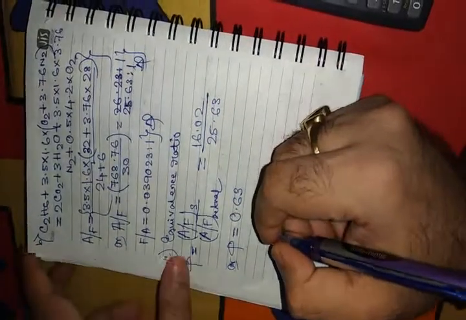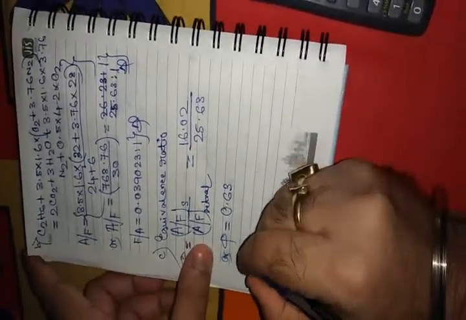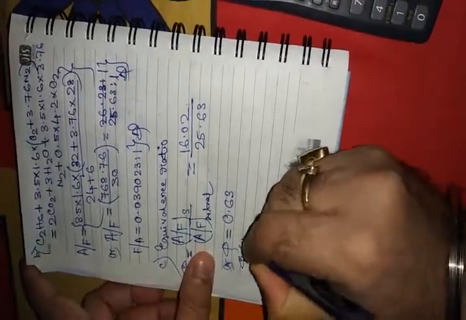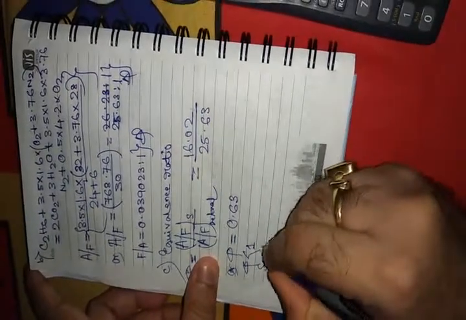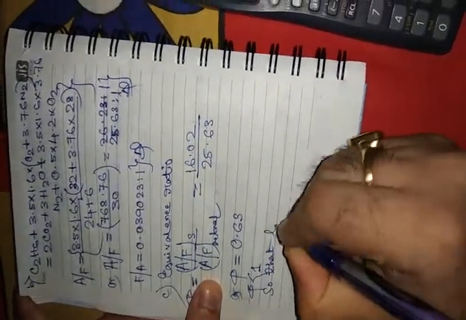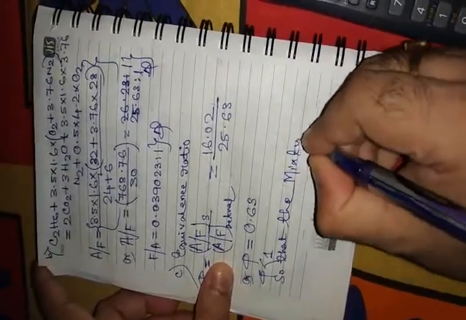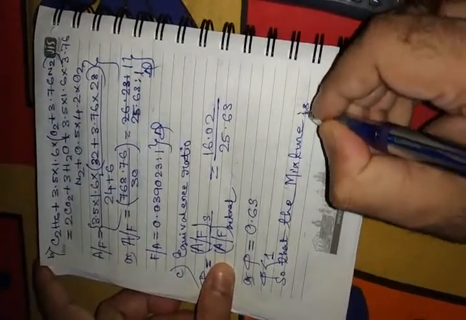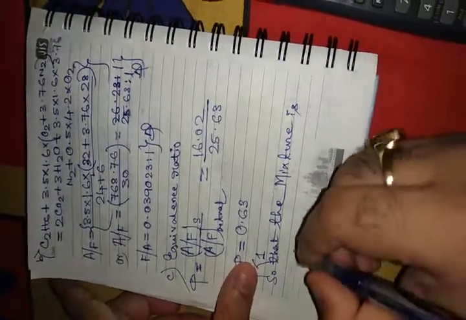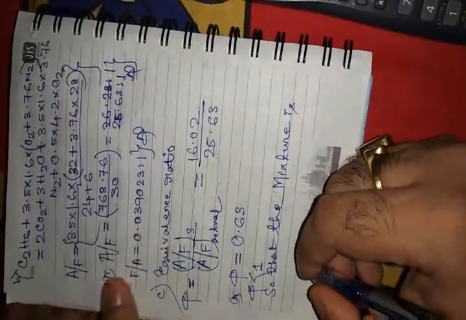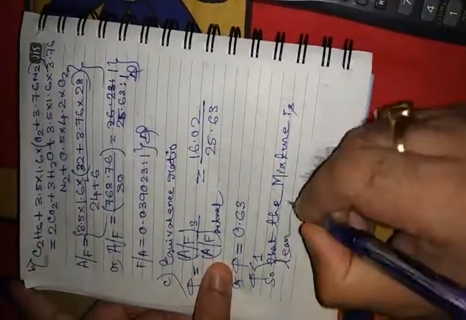Here phi is less than 1, so the mixture is lean. That is the answer.